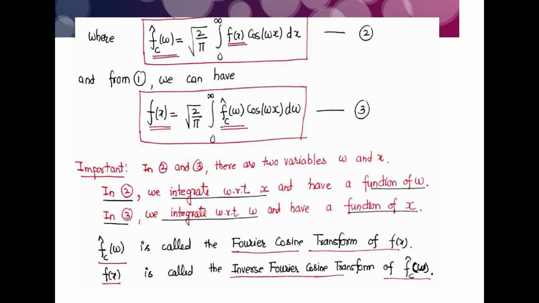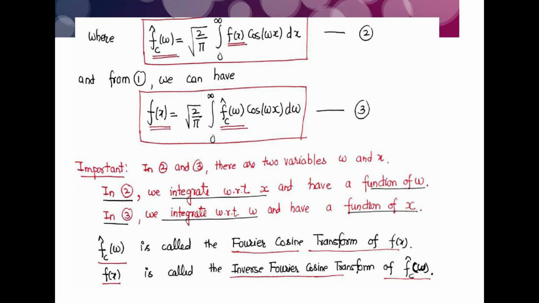So I am just rewriting equation 2, the Fourier cosine transform of the given function f of x, and using it we can rewrite the Fourier cosine integral from equation 1. So f of x can be written as square root 2 upon pi integral from 0 to infinity of f cap c w cos of wx dw, and this we call equation number 3.